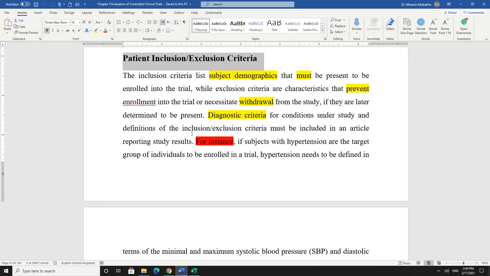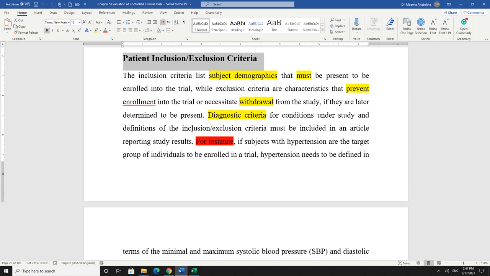Now, you need to be aware that when you list these criteria before recruitment, they have to be clear. I'll give you an example. Let us say that we have a drug that is used in the management of hypertension, and I need people that are hypertensive.